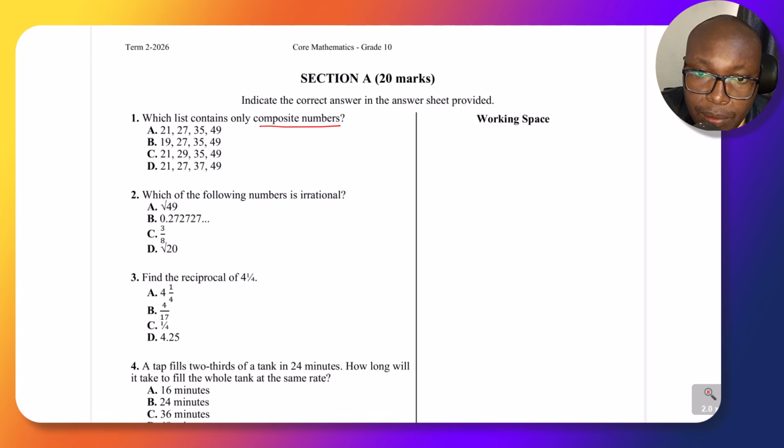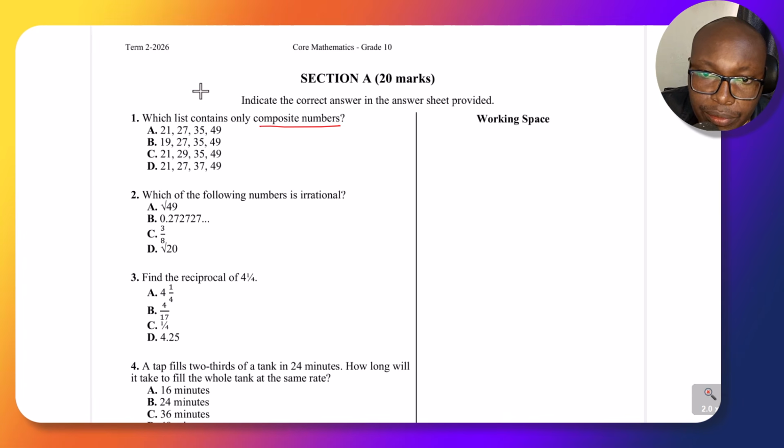Then go to C. When you look at 29, 29 is also a prime number. So we are looking for a number that has at least one factor other than 1 and itself; it should have another factor. 29 is a prime number. So anywhere you find a prime number, you cancel that because a prime number is not a composite number.